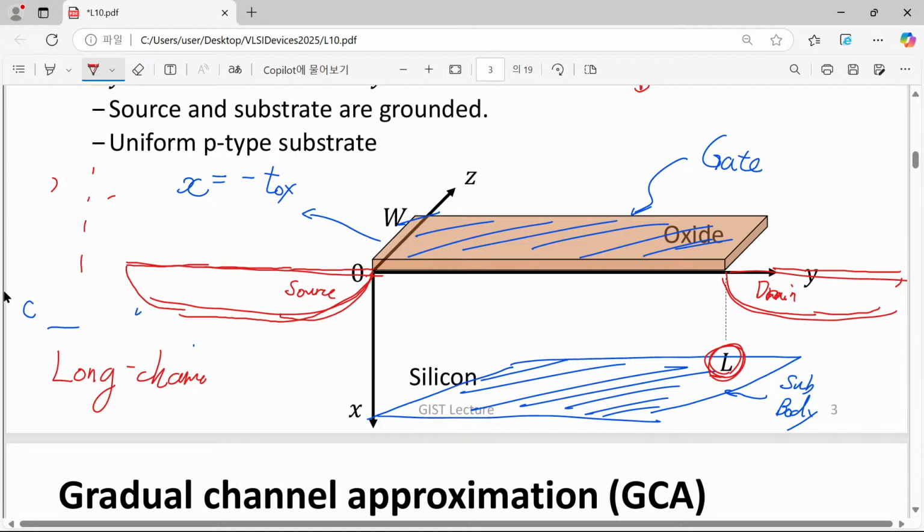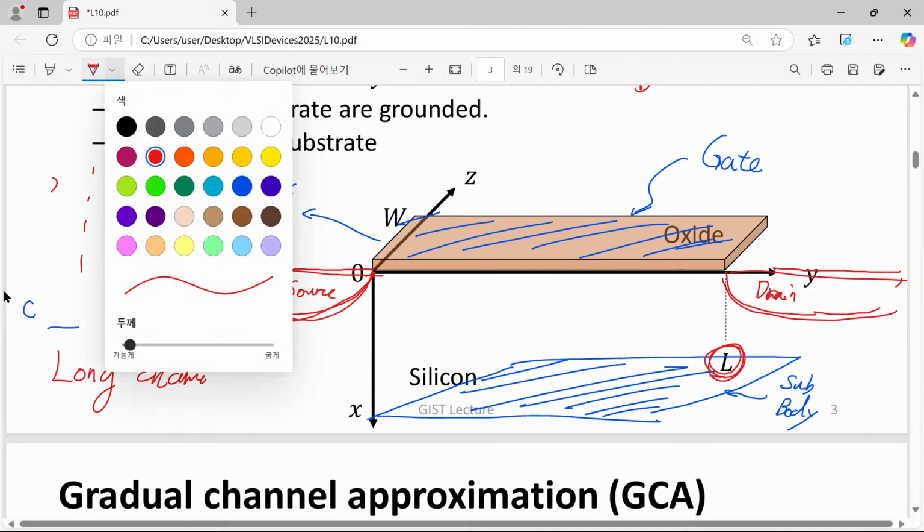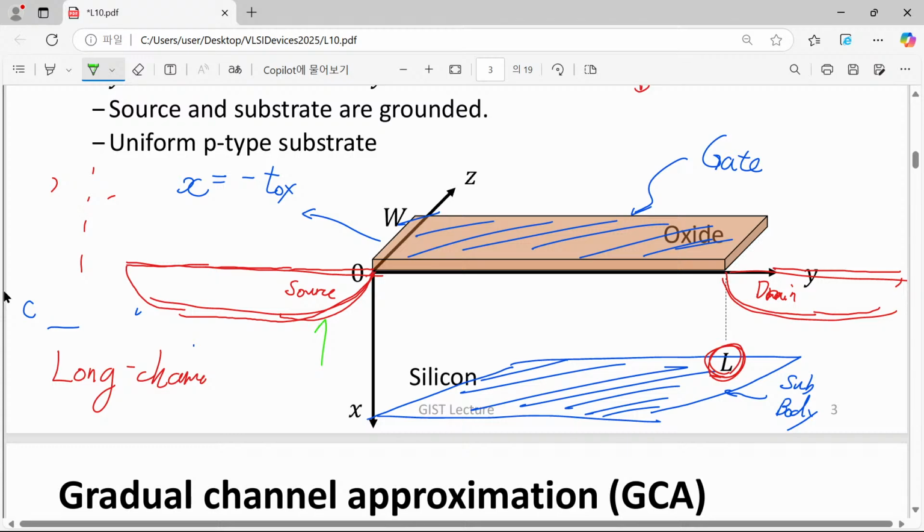So you understand our drawing completely neglects two parts. Source is neglected and drain is neglected. What we are considering right now is just the intrinsic part underneath the gate oxide.